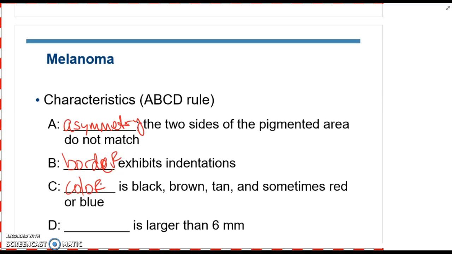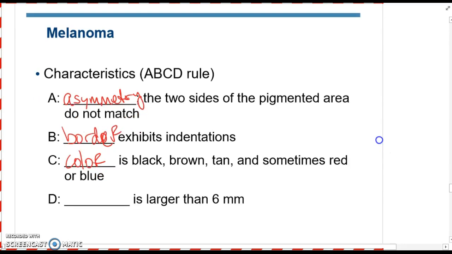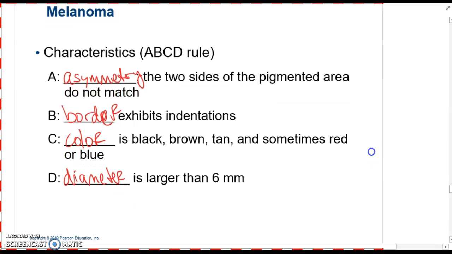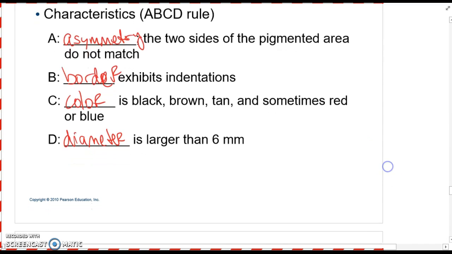Sometimes all of those come together in one place. And another thing they look at is diameter, how large it is, larger than 6 millimeters, which really isn't that big, but that's the last thing there. So just remember A, B, C, D.